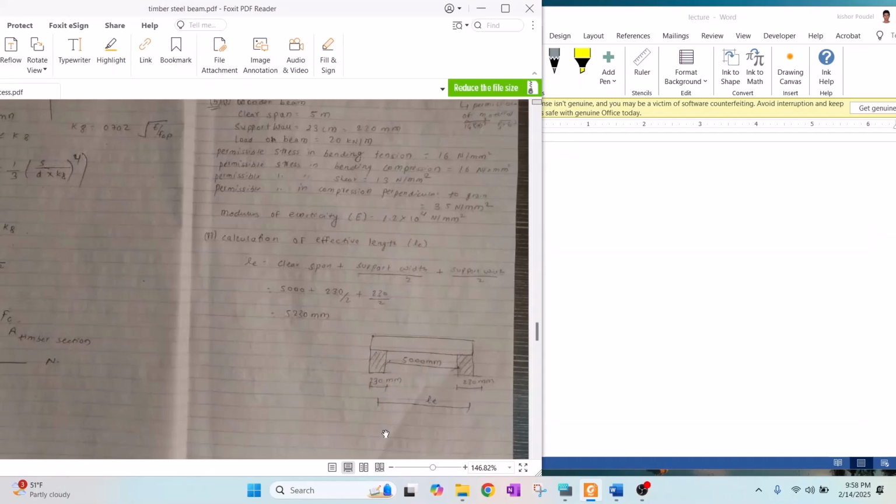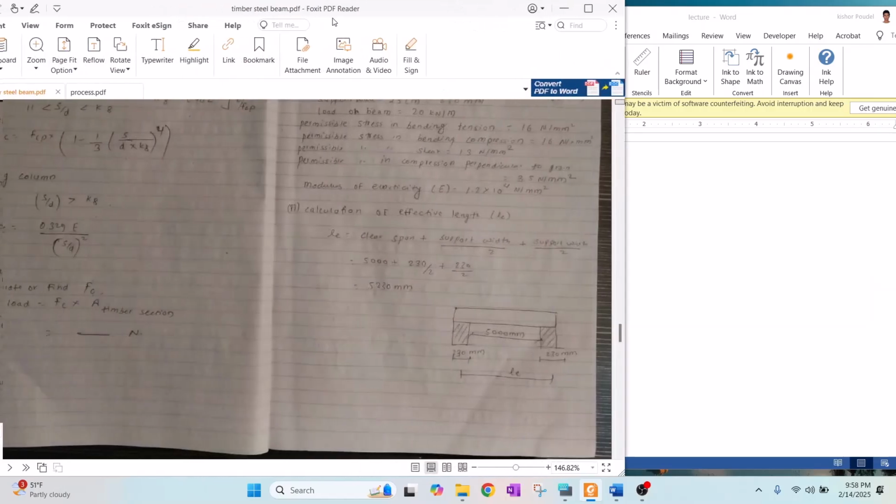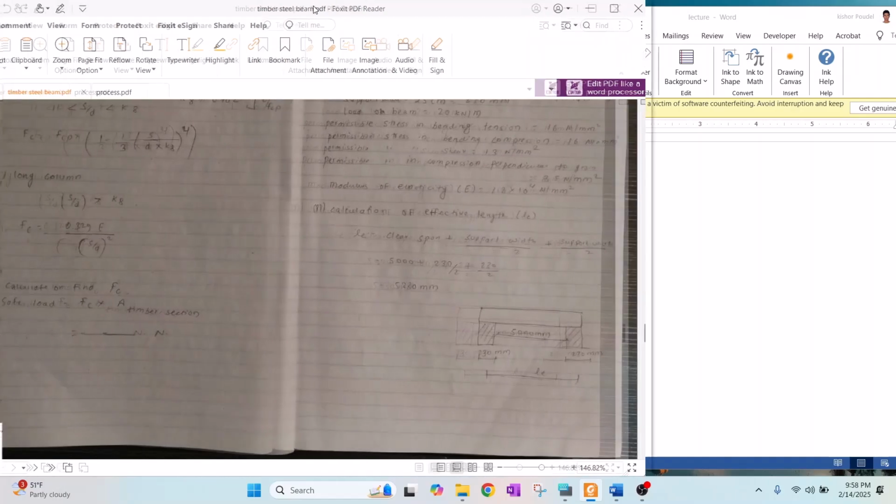You can understand how it is calculated. So the effective length is clear span plus half of the support width from this side and half of the support width from this side. So altogether, the total value of effective length is 5230 mm.